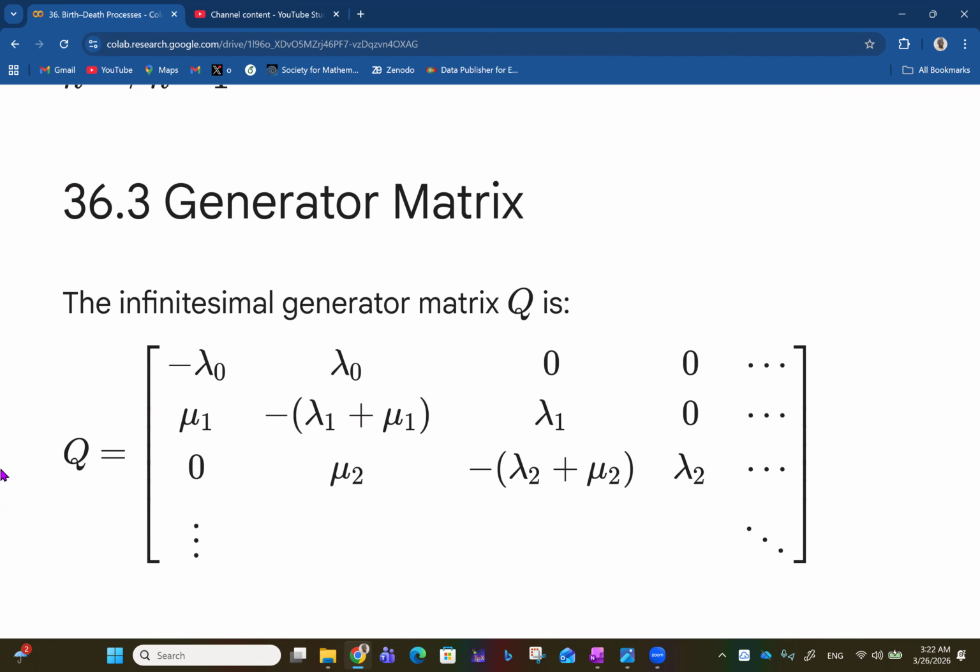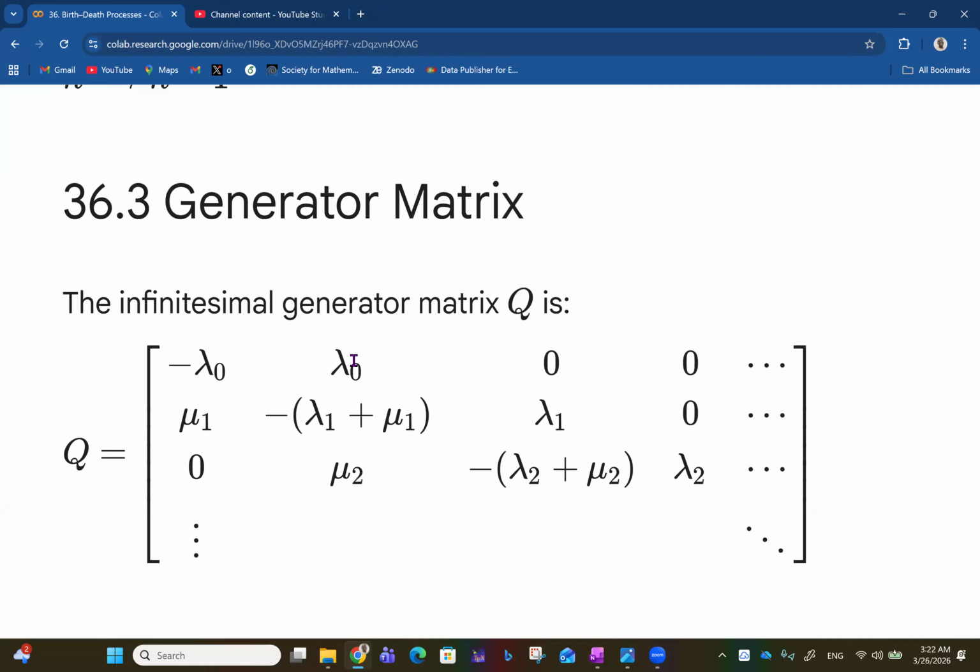Talking about the generator matrix now, the infinitesimal generator matrix Q has first row minus lambda 0, lambda 0, and all the rest 0. Then you have mu 1, minus (lambda 1 plus mu 1), lambda 1, 0, 0. Then 0, mu 2, minus (lambda 2 plus mu 2), lambda 2, and so on all the way down. True to type for a generator matrix, if you add all the elements on a row, it goes to 0.